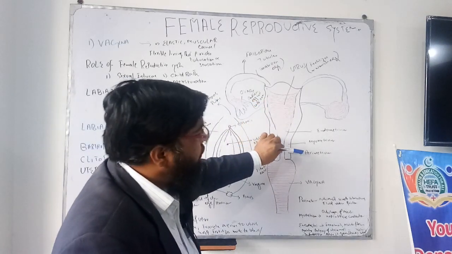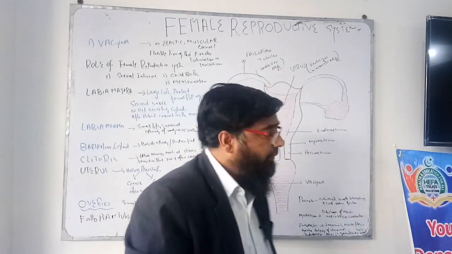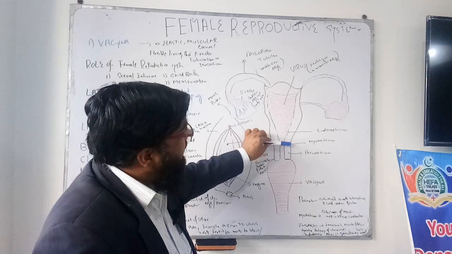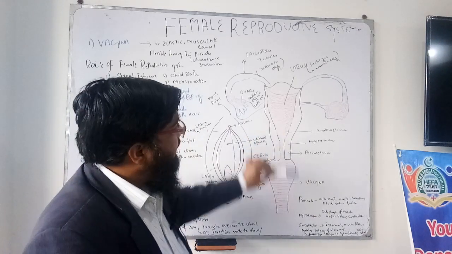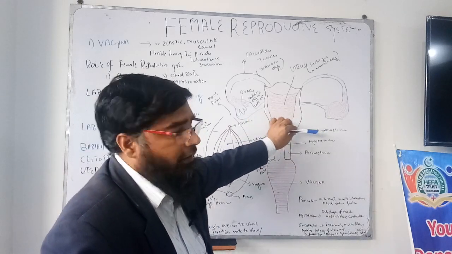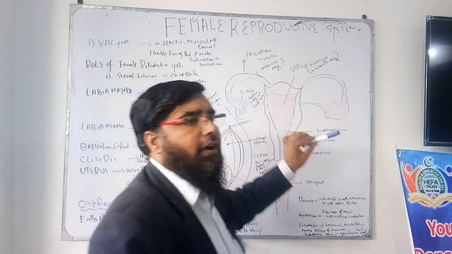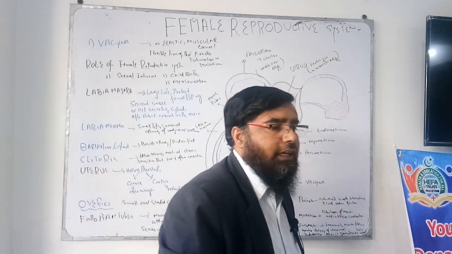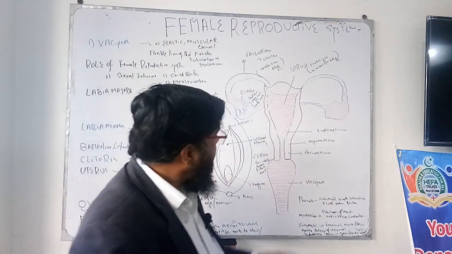The outermost layer is called perimetrium, the inner layer is called myometrium, and the innermost layer is called endometrium. These are the three layers, composed of muscle fibers that help in dilation of muscles.